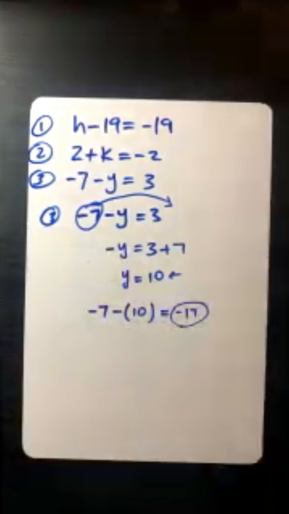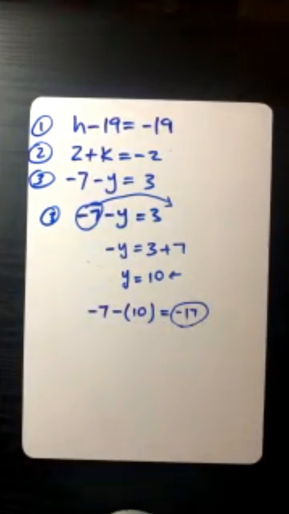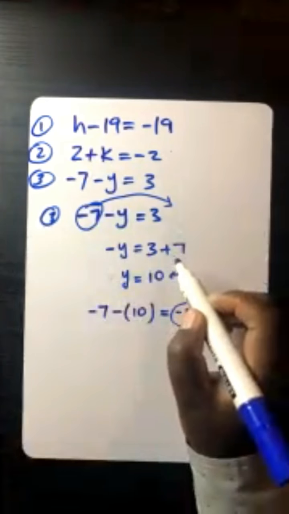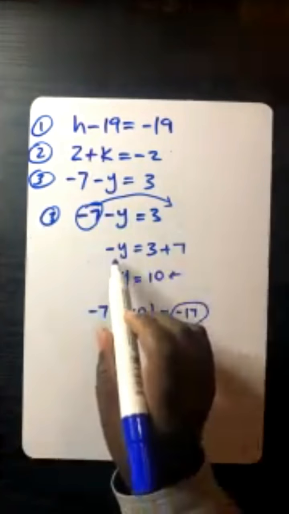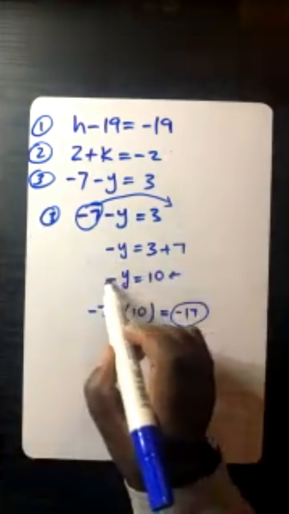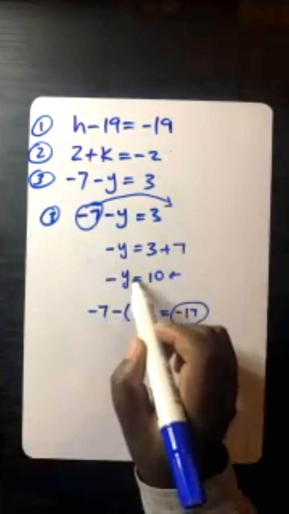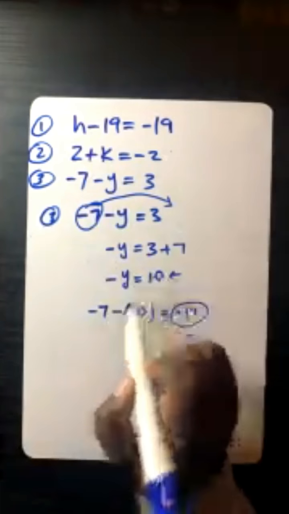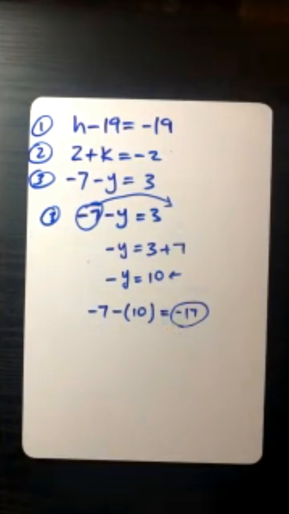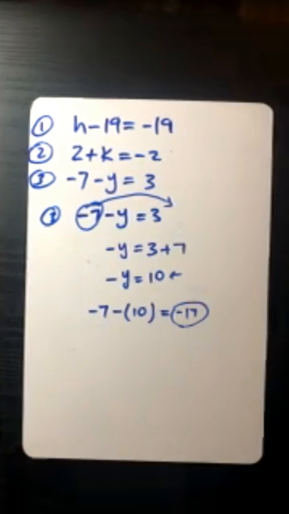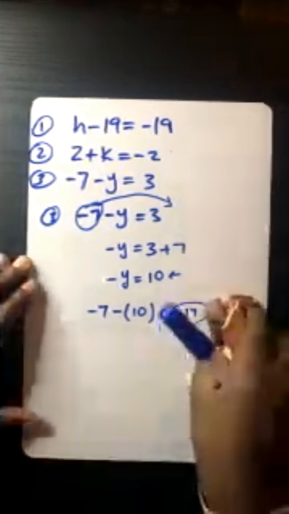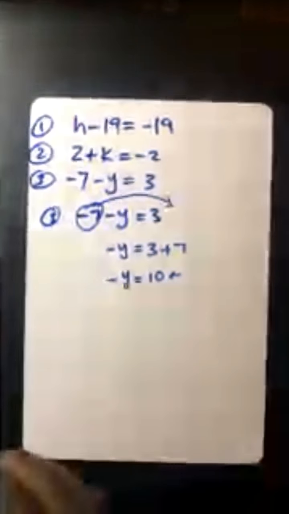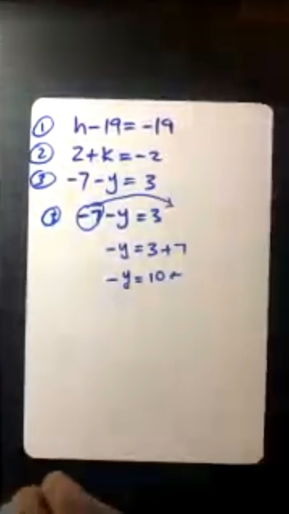Negative y. So can you see where you made a mistake? Yes, sir. So that means on this step you are going to say negative y is equal to 10. Can you see? Yes, sir. So now it means you need to remove that negative.